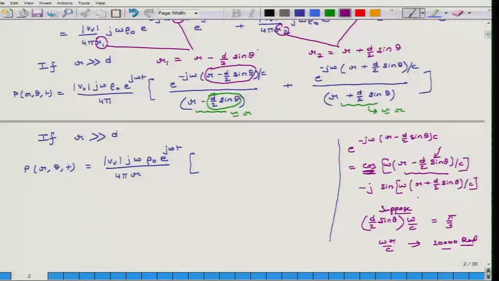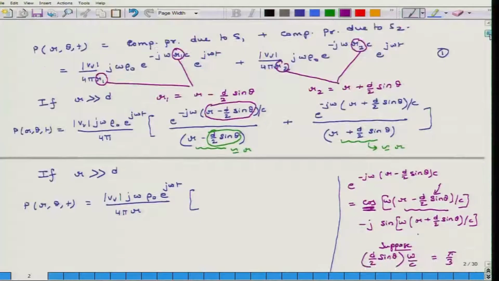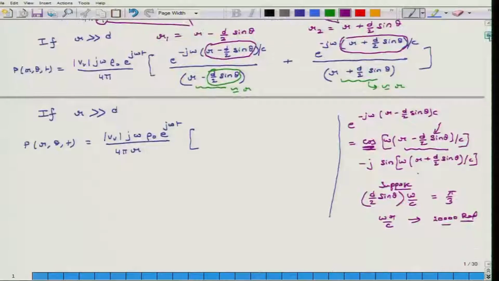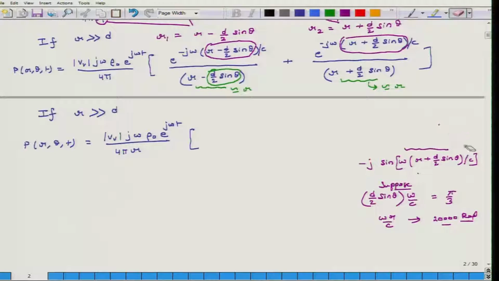So, I cannot make the same approximation in this term, which is encircled in the purple circle. I cannot do the same thing here. So, here I have to retain this, otherwise I will be making a mistake. So, with that understanding, what we have to do is retain it and do the correct mathematics.